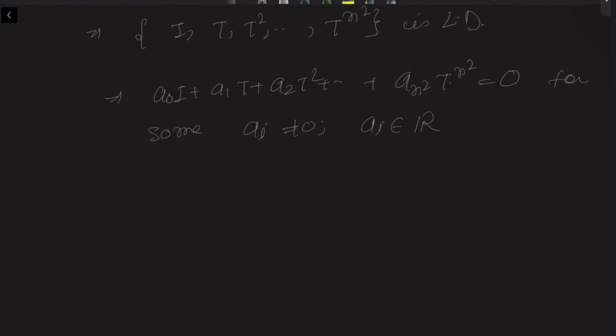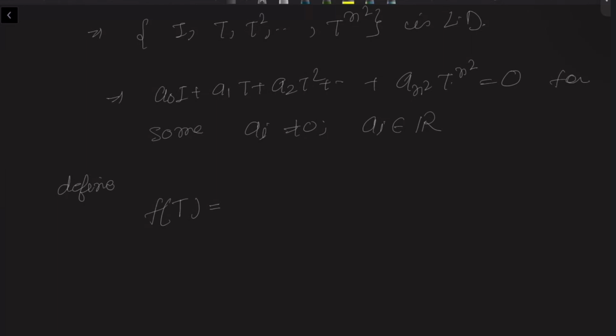So what I'm going to do is define a polynomial of T, f of T. Let me write it as capital T, because capital T is the operator. Normally we define a polynomial like f of x equal to x square, x cube, right? So just in place of x, I am taking T, and this T is nothing but a linear operator or a linear transformation.